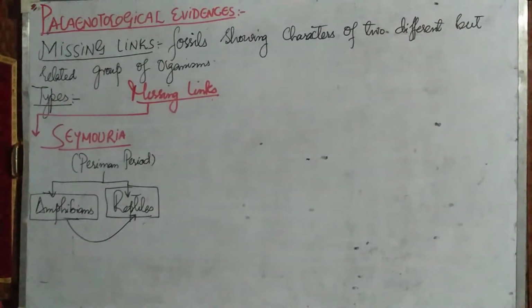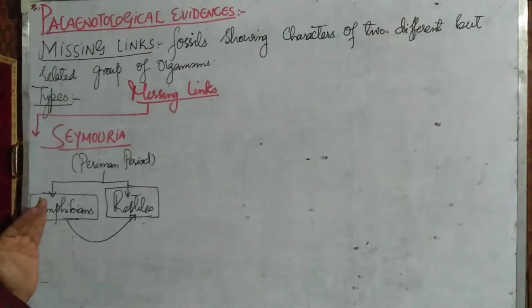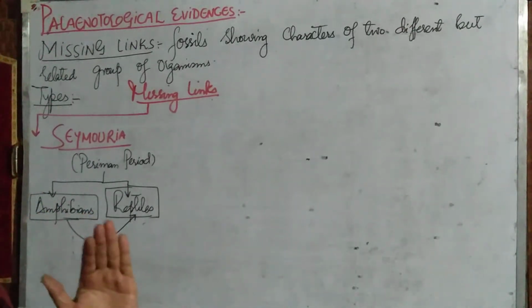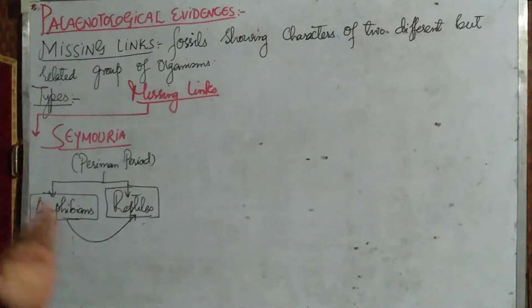So it simply explains that basically the reptiles have evolved from the amphibians during the evolutionary course. That's why Seymouria shows some characters of amphibians and some characters of reptiles. So this was the first fossil evidence, or the first missing link.